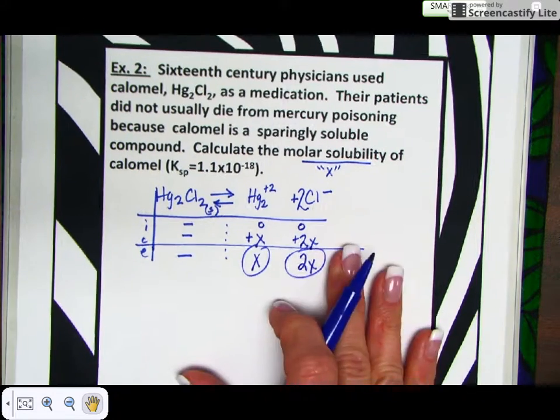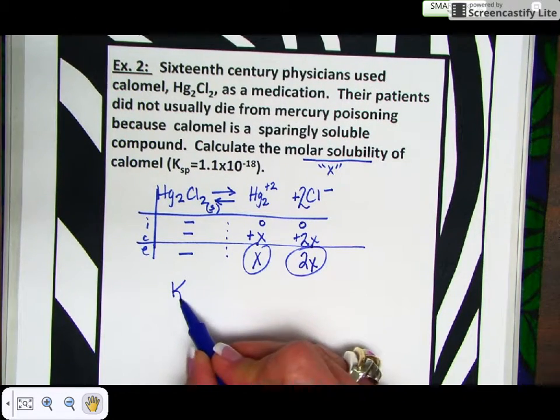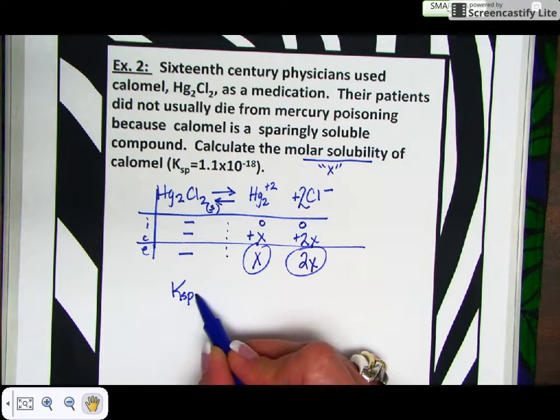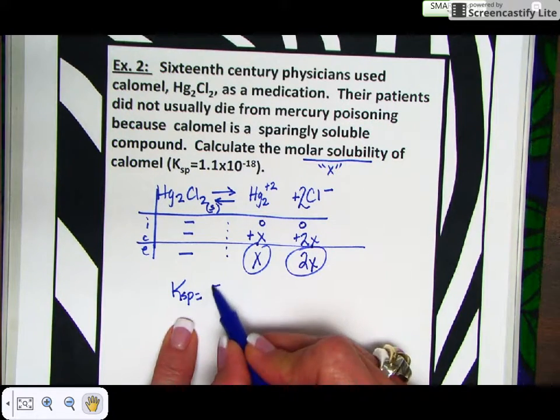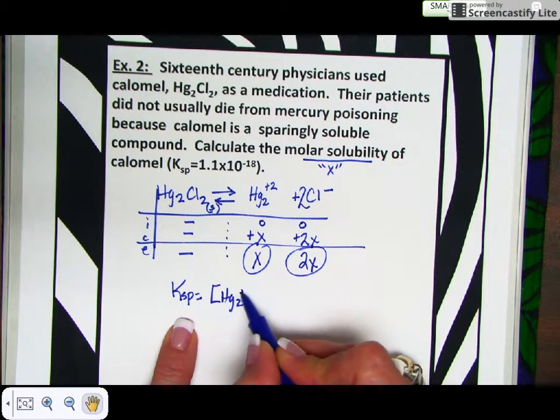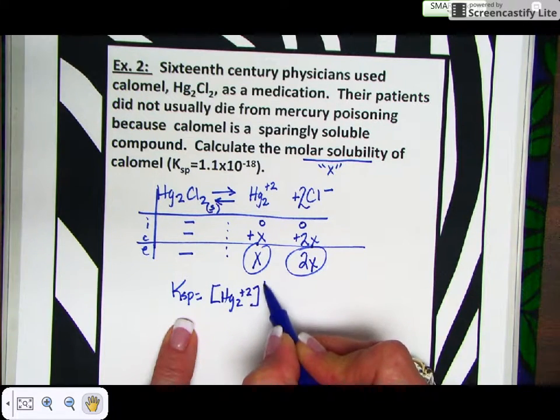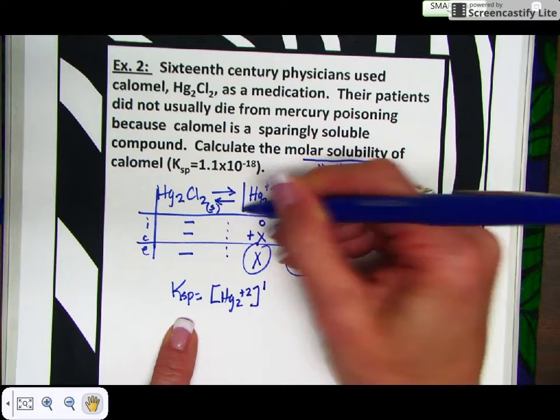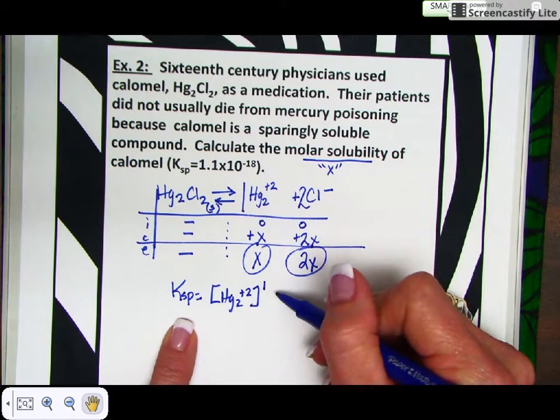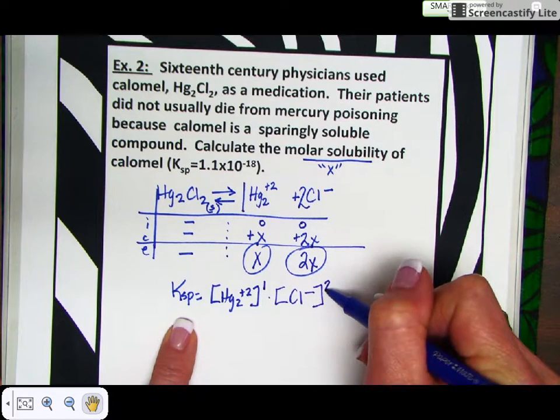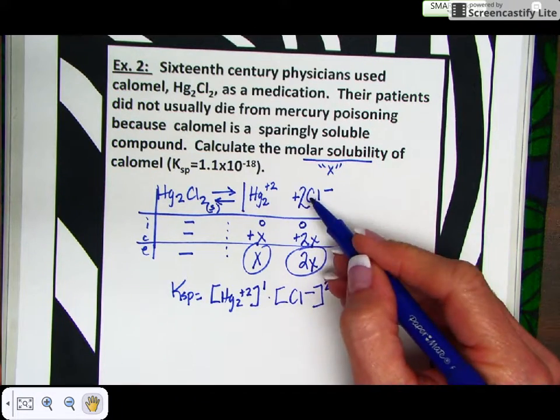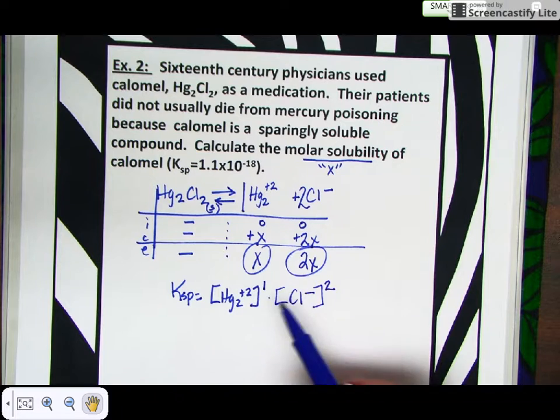Okay, let's write our law of mass action or equilibrium expression according to this equation. Ksp is equal to [Hg2 2+], and that's to the first power because that's the 1 there, times the chloride ion squared because there's a 2 here. Now let's substitute our values in.